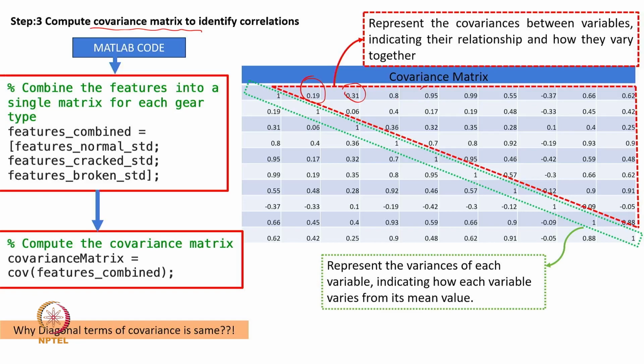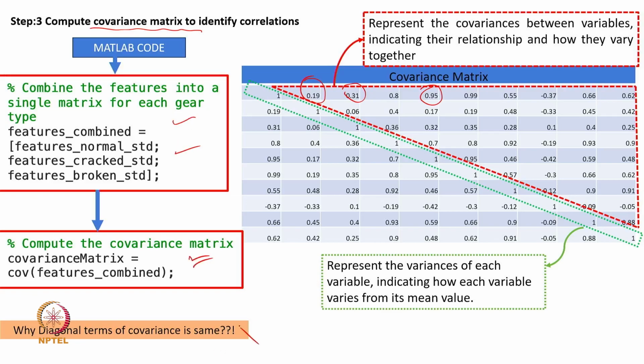Now, feature 1 and feature 5 is 0.95. We know very well the diagonal is basically the variance, and the variance has to be equal to 1. As I mentioned, after standardization the mean value should be 0 and the variance should be 1, and in the covariance matrix the diagonal should be 1. So, these are the kinds of cross checks, and the MATLAB code has been utilized for this purpose.